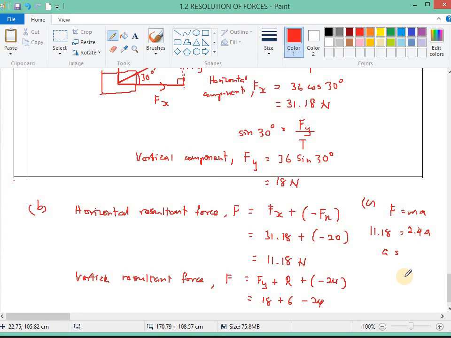Okay, so we get, okay, it will be 4.658 meter per second per second.